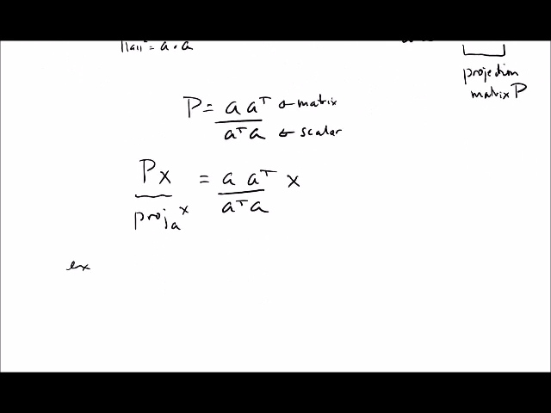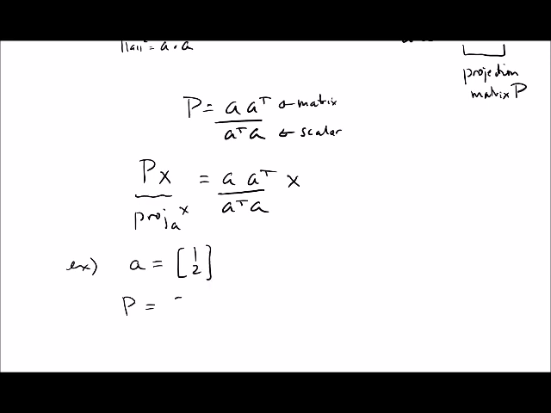So maybe a quick example. Let's say you've got A, which is the vector 1, 2. Oh sorry, I should write 1, 2 as a column vector, since it's always written as a column. So A is 1, 2.